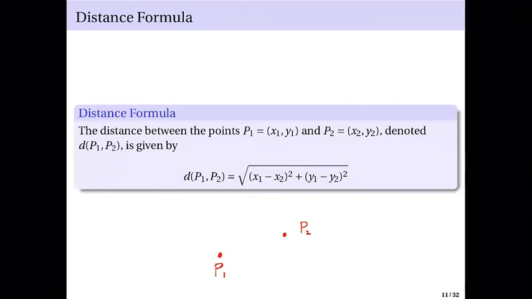We can get the distance between these 2 points by using this formula. We label that d. So the question is, how is this formula derived?